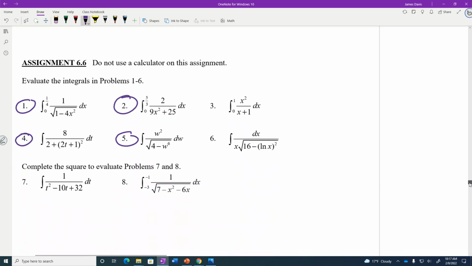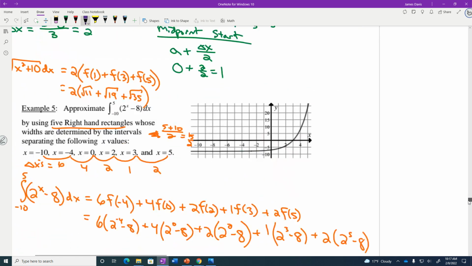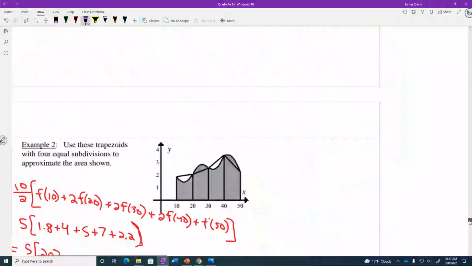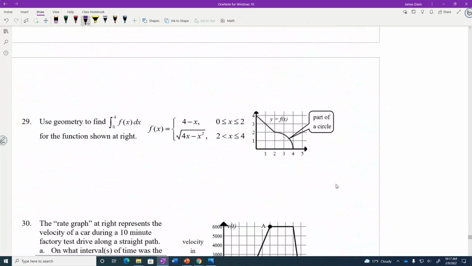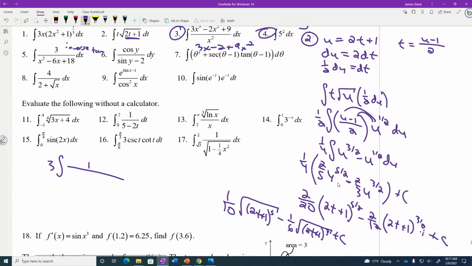So what we're trying to do here is do some constant squared plus some function squared, or u, like that. The only way to do that is to factor that bottom somehow.